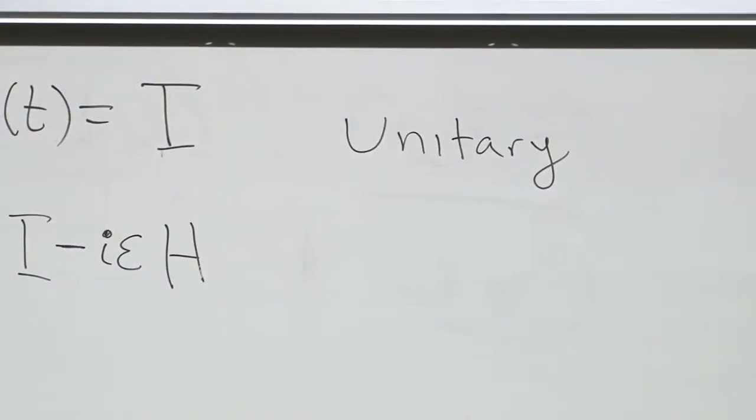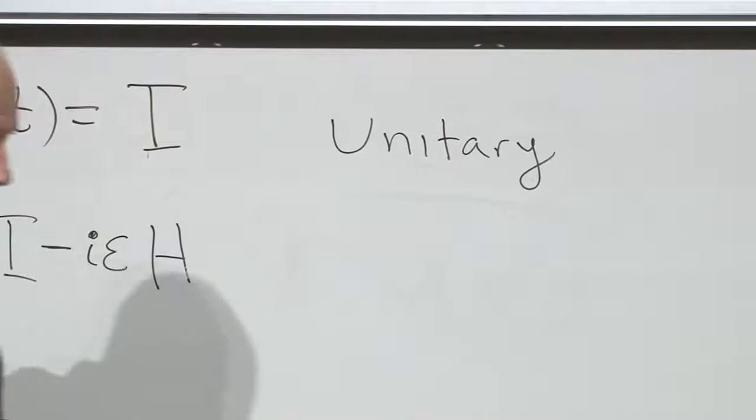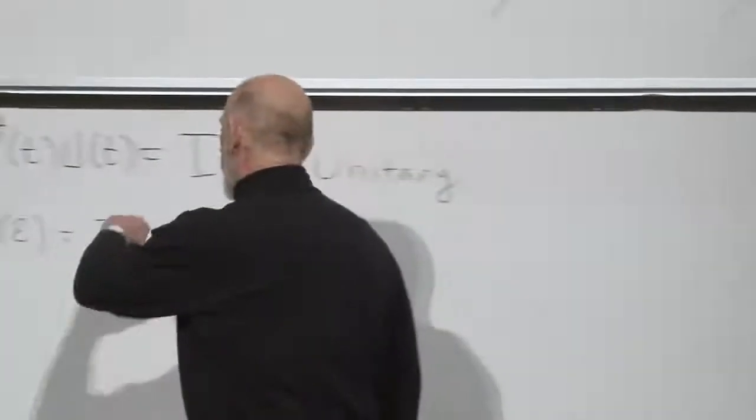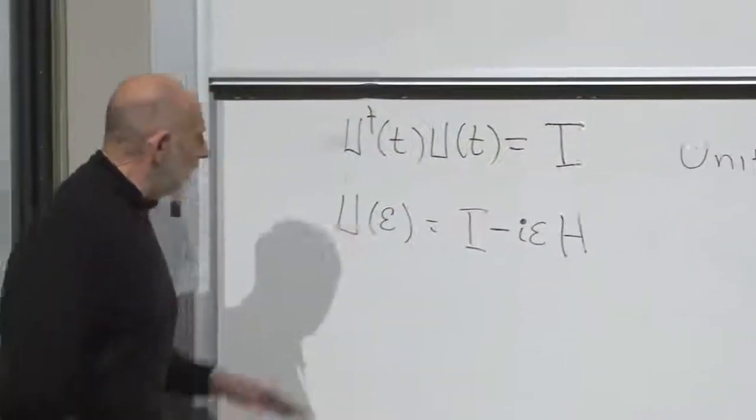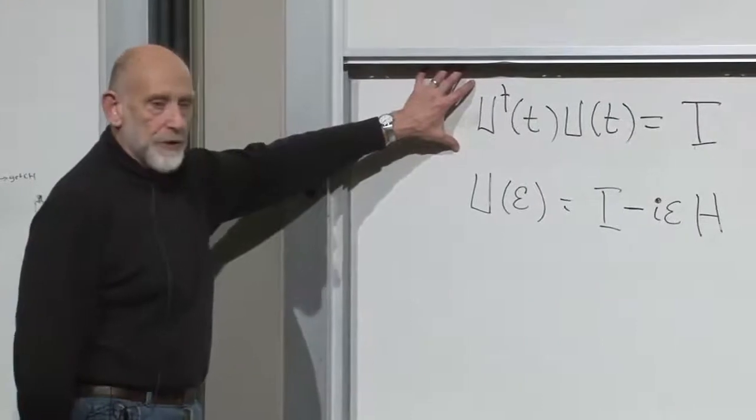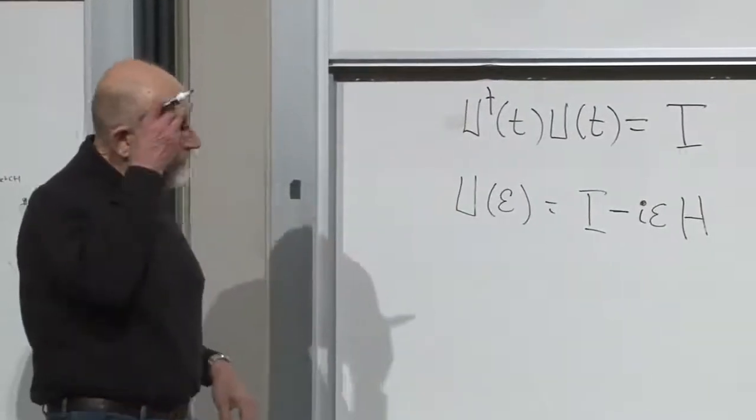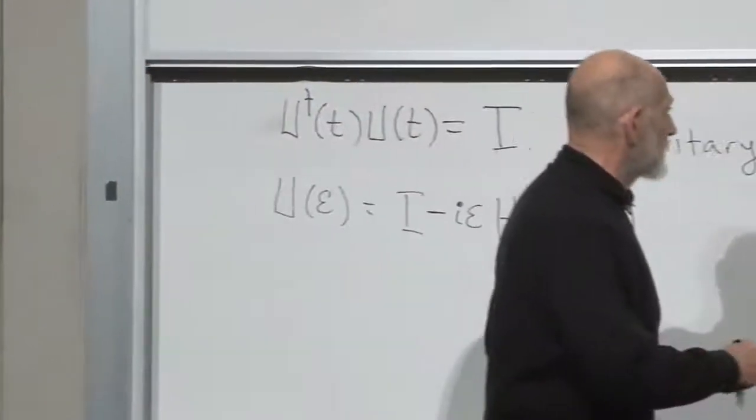U is a unitary operator. So this is, again, a restatement of the principle of conservation of overlap. Let's now apply this condition to U of epsilon and see what we find out about H.